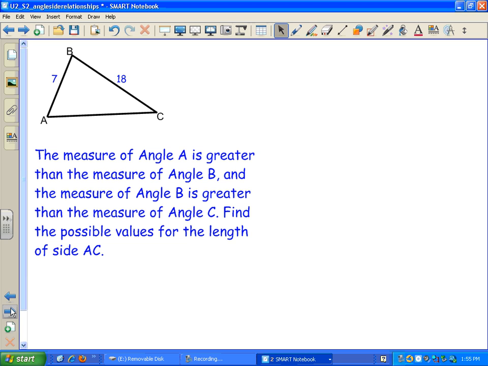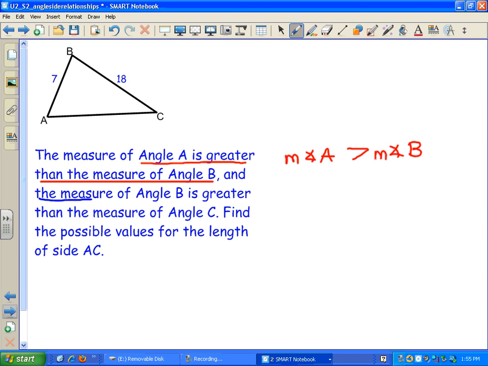So in this picture, we're given triangle ABC, and we're told that side AB is 7 and side BC is 18. The measure of angle A is greater than the measure of angle B. And I keep reading.